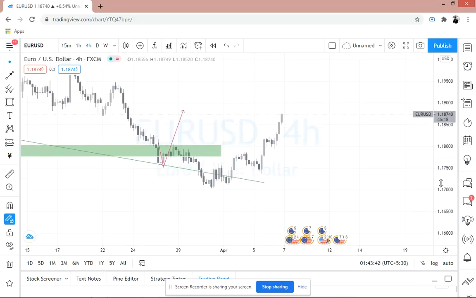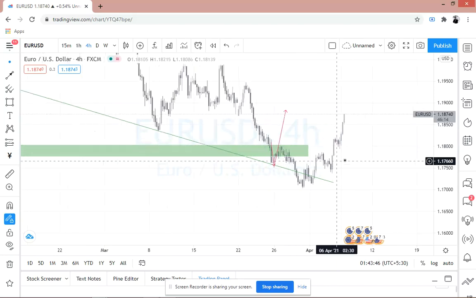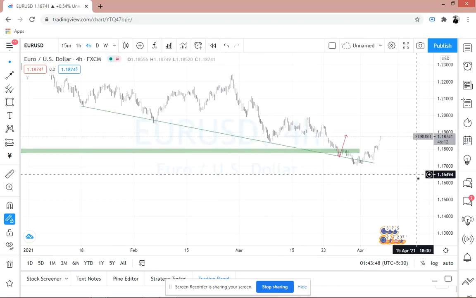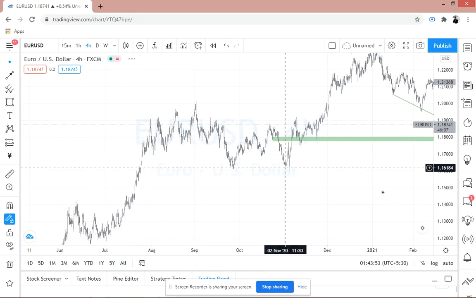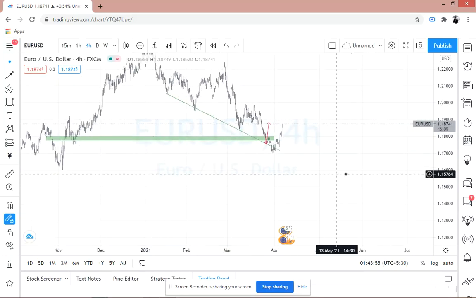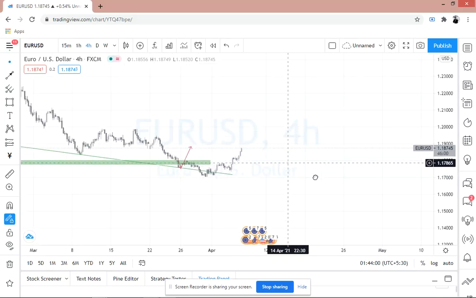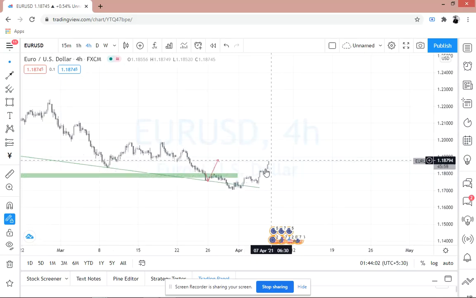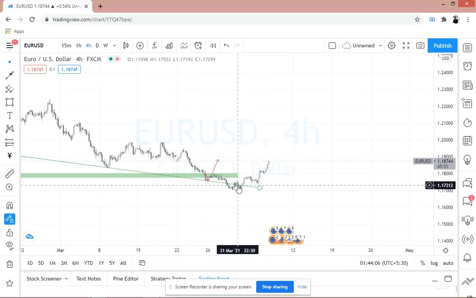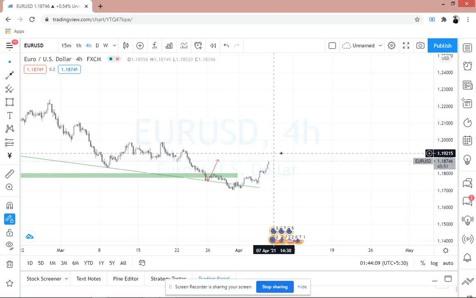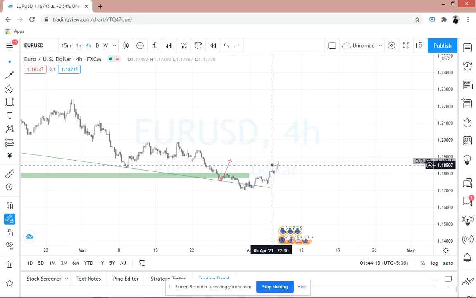Euro USD. Euro USD was in a strong bullish momentum. I think we should go the same way because we can see the major trend is up. The market made some kind of movement to this level, then started moving upside.